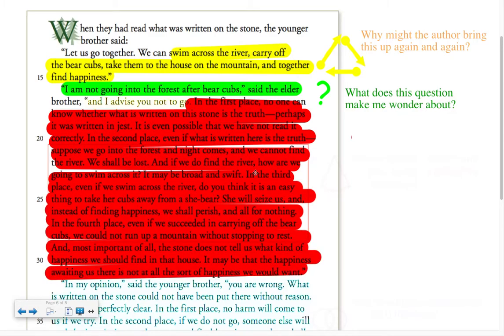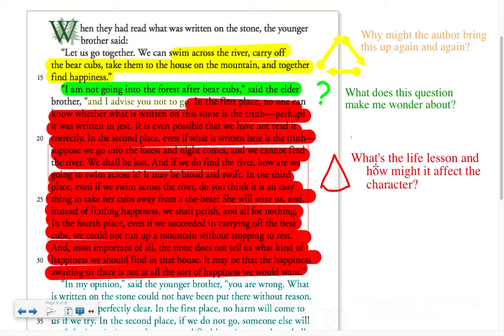This is important. So I've highlighted it red, and I'm stopping. And what I have here is the wizard hat, because these are words of the wiser, the older brother speaking to the younger brother. And what's the life lesson, and how might it affect the character? Well, the older brother is telling the younger brother, hey, stop for a moment.